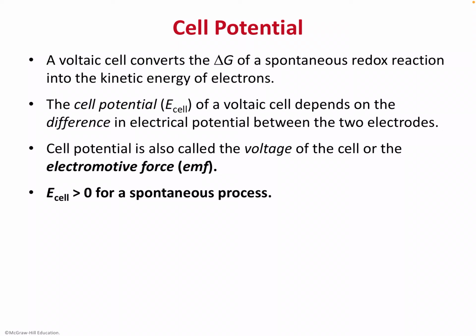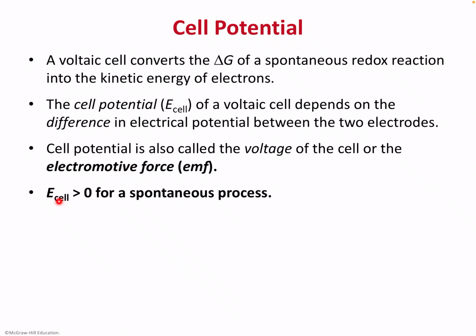Cell potential is also called the voltage of the cell or the electromotive force. You may see voltage on some batteries that we use in day-to-day life. That is the cell potential, meaning the difference in the two electrode potentials, or we call it the electromotive force, EMF.